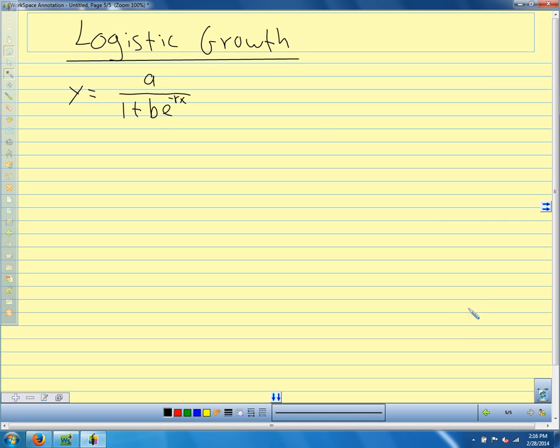A is normally called the carrying capacity. And b and r are positive constants that are determined by the situation.